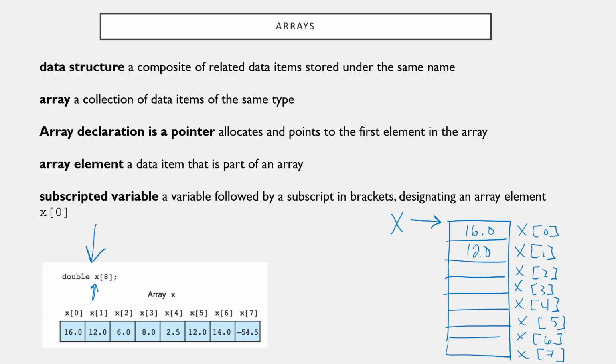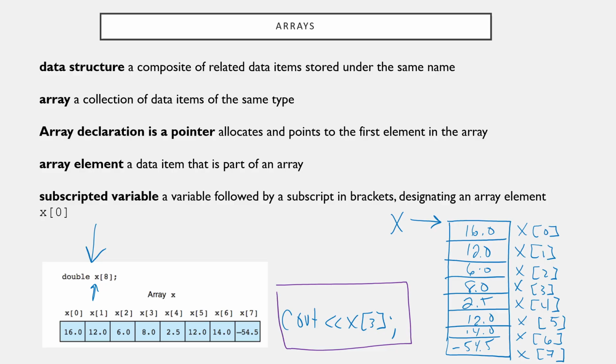If you say cout X at index 3, which has a value at 8, with values 6, 2.5, 12.0, 14, negative 54.5, and you put the instruction cout X at index 0, your computer is going to start at this address, which doesn't necessarily mean it's at the beginning of your memory.